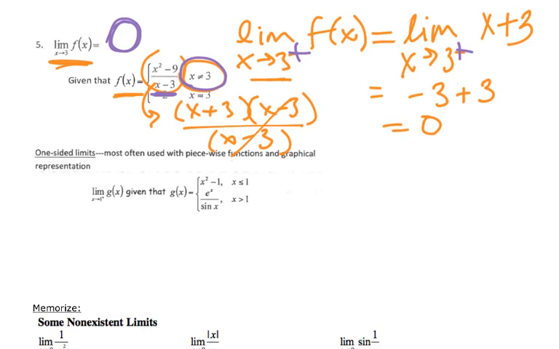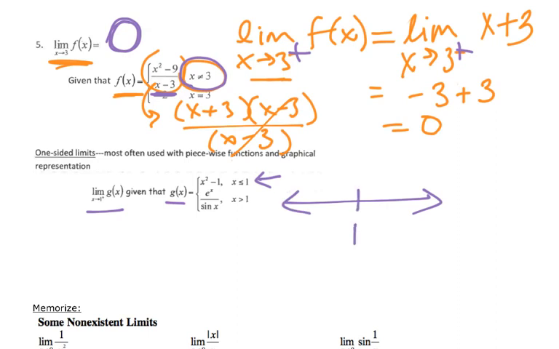One final example with one-sided limits. If we're looking for the limit as x approaches 1 from the right, and we're given g of x here, this says this piece is applicable when x is less than or equal to 1. So if we were to draw a number line, and this is 1, actually let me represent that differently. Think about it this way.